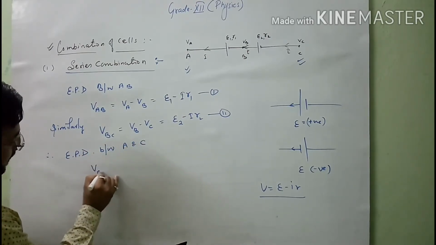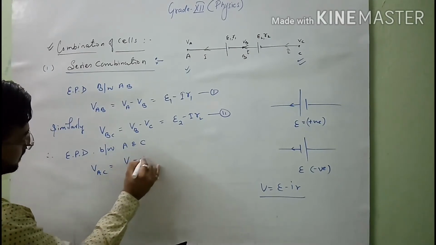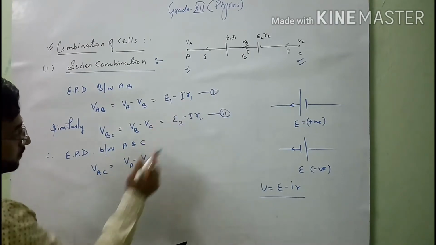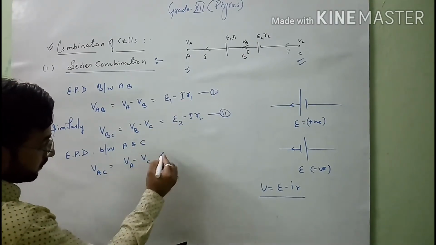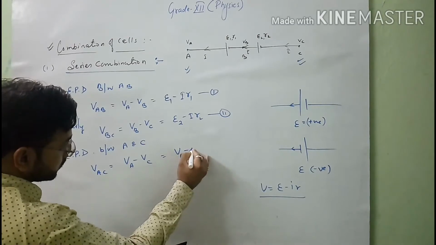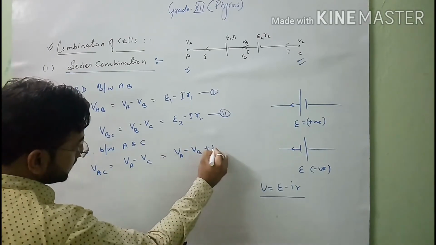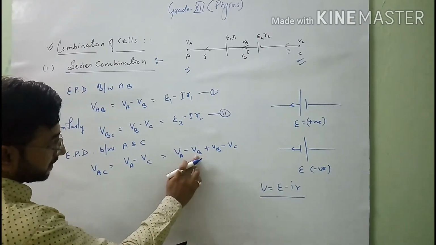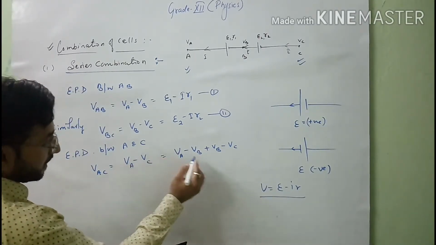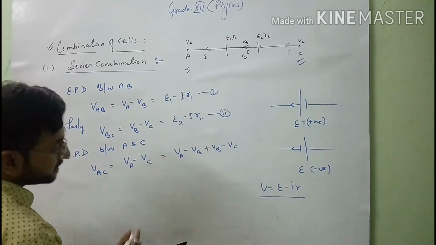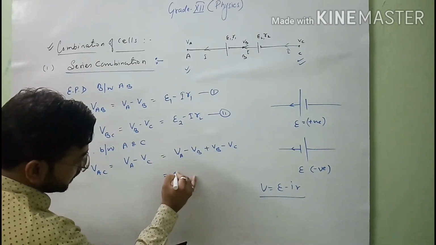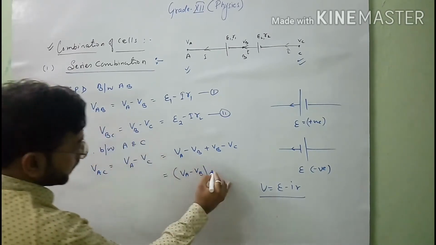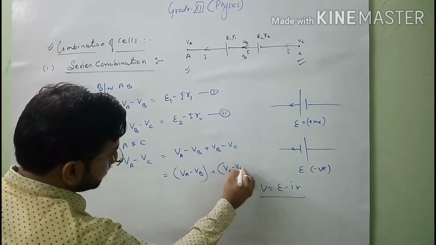So I will write VAC as VA minus VC. To substitute the two values, I will write it this way. See here, student, VA minus VB plus VB minus VC, meaning we add and subtract VB in this equation to get this type of similar result. VA minus VB is epsilon 1 minus IR1 from the first equation, and VB minus VC is epsilon 2 minus IR2 from the other equation.